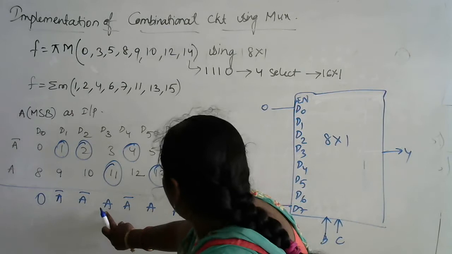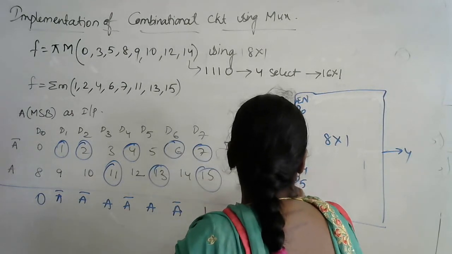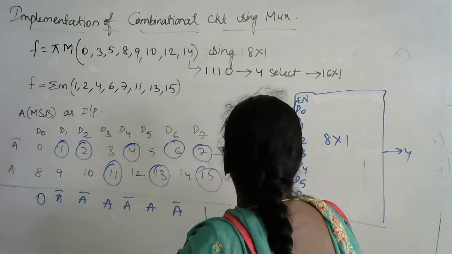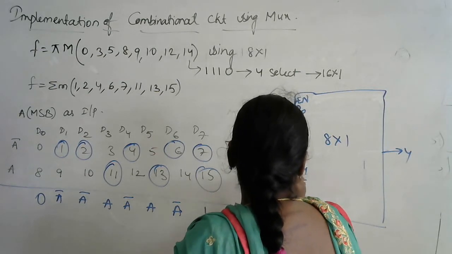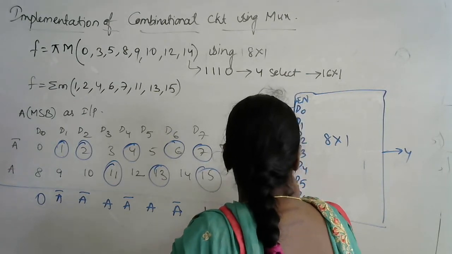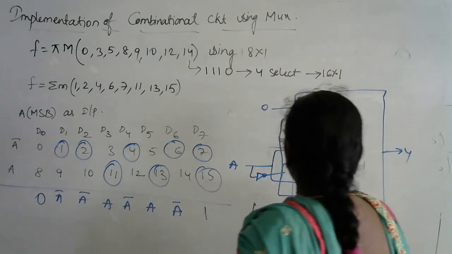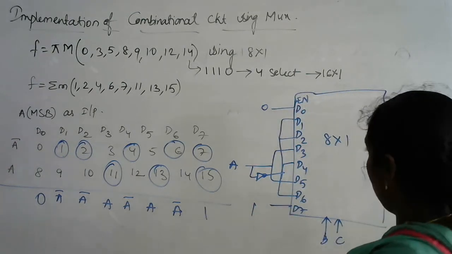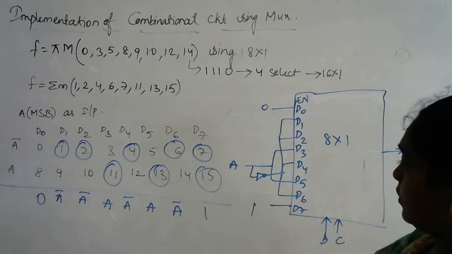Which are A? D3, D5. Short D3 and D5 and connect towards A. Short D1, D2, D4, D6, short all those and connect through the NOT gate. This is how to implement a given POS expression by using a multiplexer circuit.